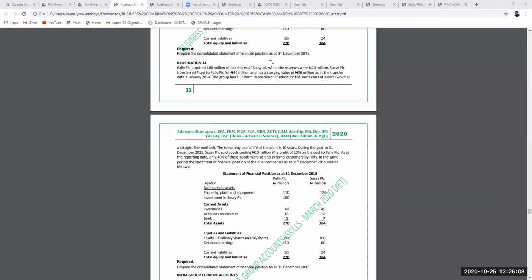Then you also debit the non-current assets in the consolidated account. I don't know if I'm correct. That's what I understand. Okay, who else?